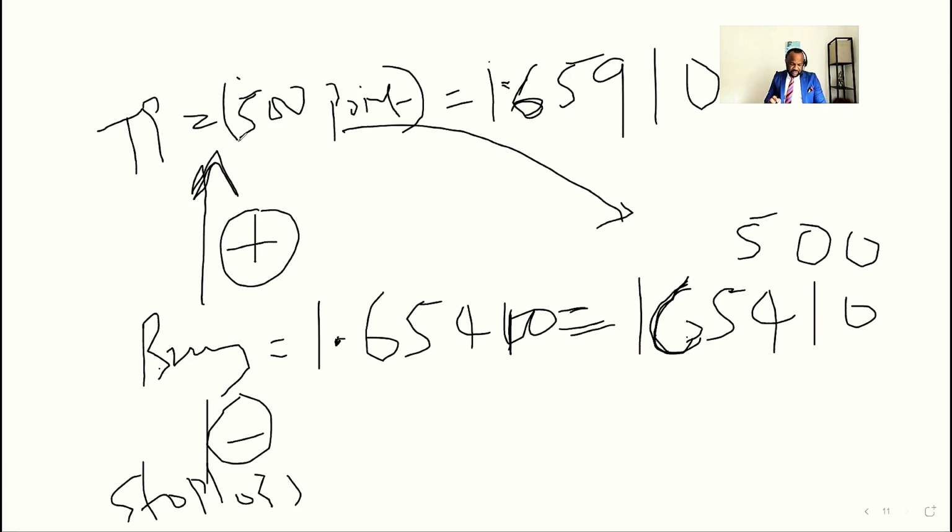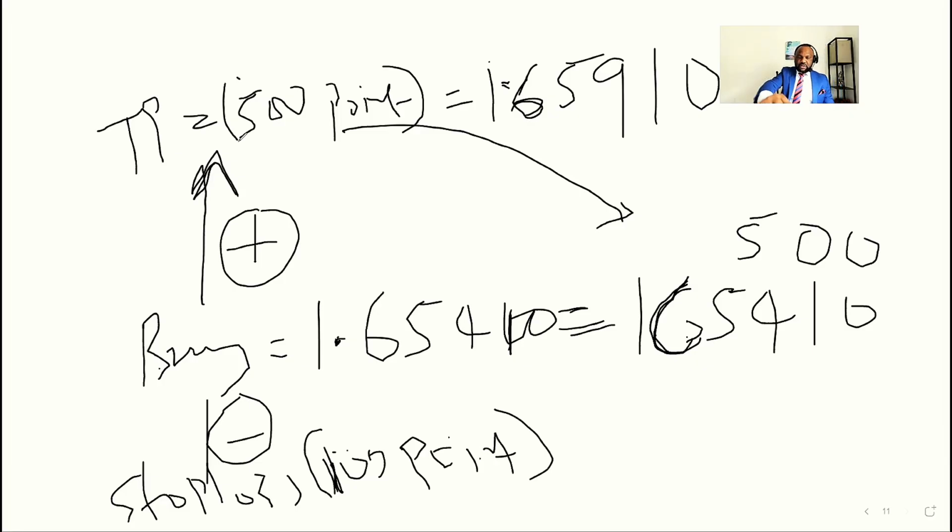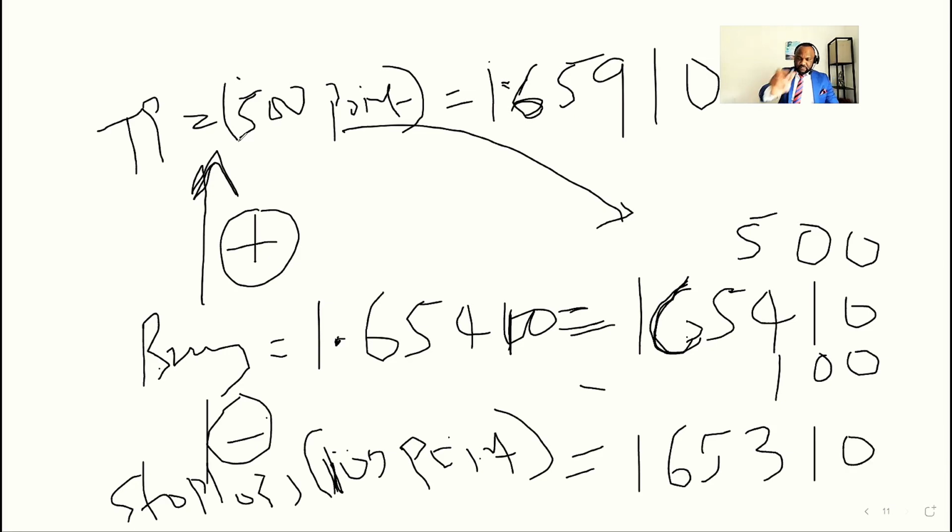Then the stop loss, they say target 100 points. A 100 point stop loss. Since we have already removed the decimal, you can subtract directly 100 from here. You subtract 100 from 165410, which should give you 165310.